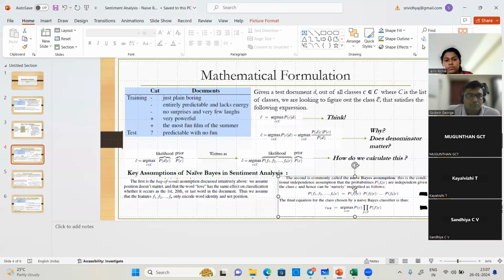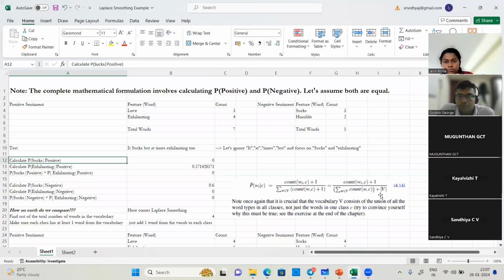Now, what do we do? If these are the features, and assuming, remember, conditional independence, I can write this as P of F1 given C, F2 given C, and so on and so forth. So I'm going to calculate P of sucks given positive, P of exhilarating given positive. Now, what is P of sucks given positive? 0.